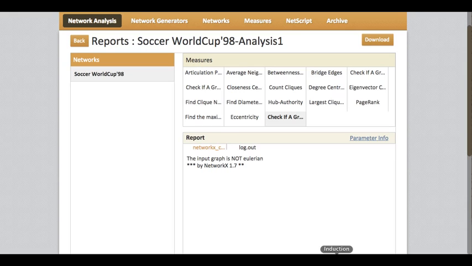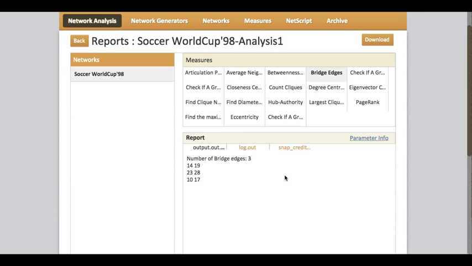As far as finding out what these mean, the question asks: what is the bridge edge list, if your network has any? Yes, the number of bridge edges.